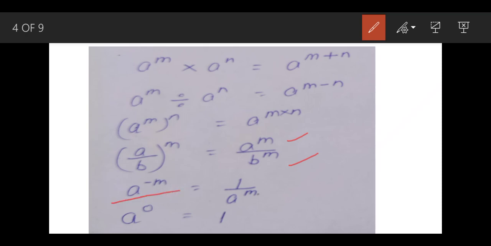Now a to the power minus m, we will take the reciprocal, which is equal to 1 upon a to the power m. It can also be written as 1 upon a whole power m, with the condition that a should not be equal to 0.